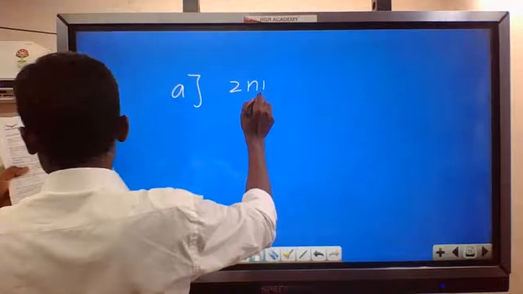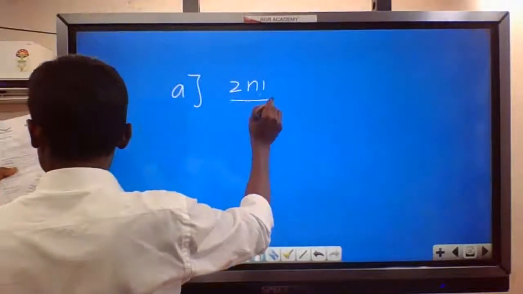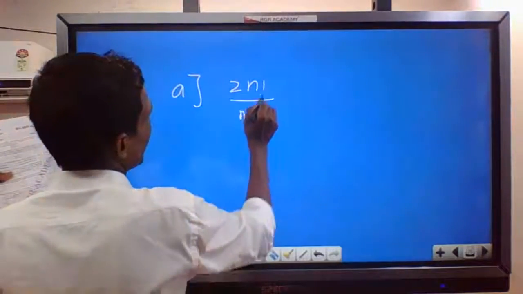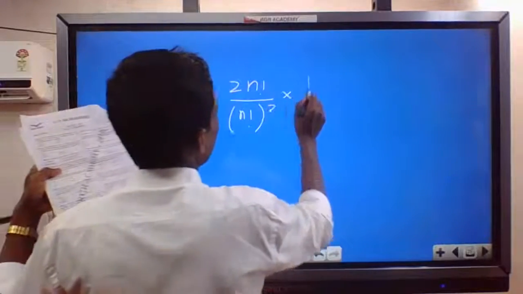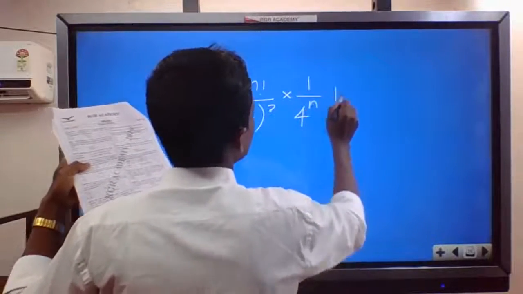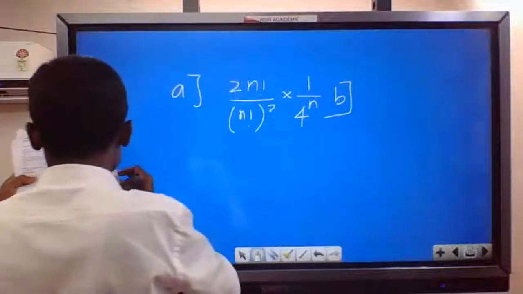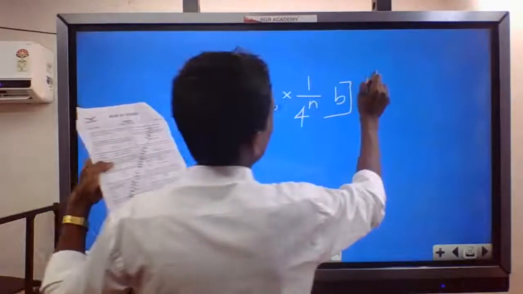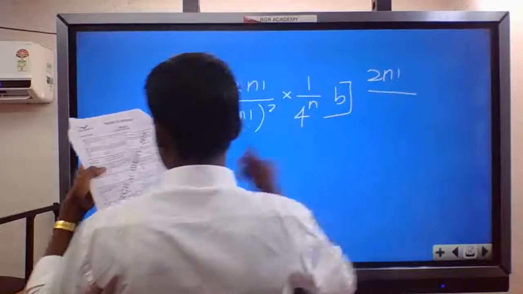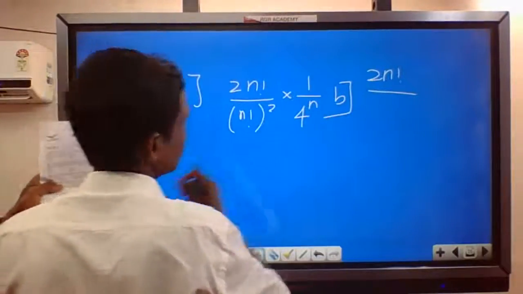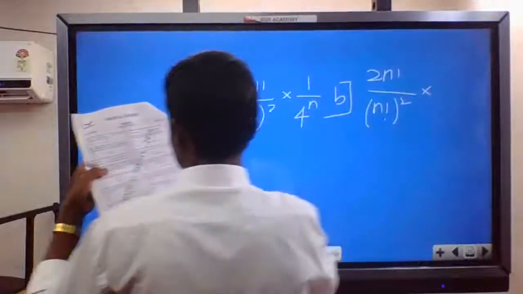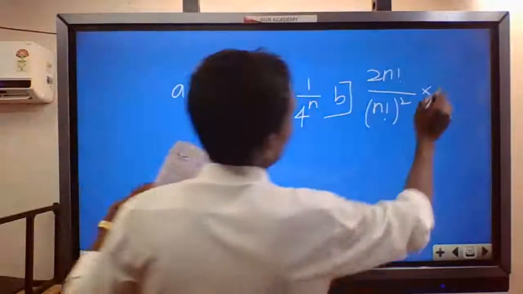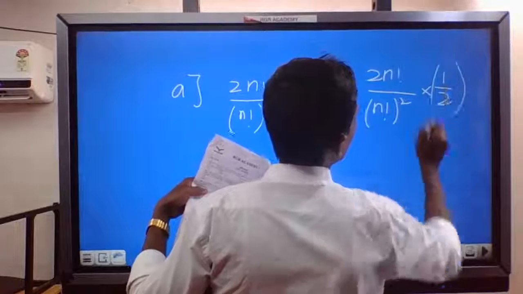2n factorial divided by n factorial whole square into 1 divided by 4 power n. B option: 2n factorial divided by n factorial whole square into 1 by 2 whole power 2n.